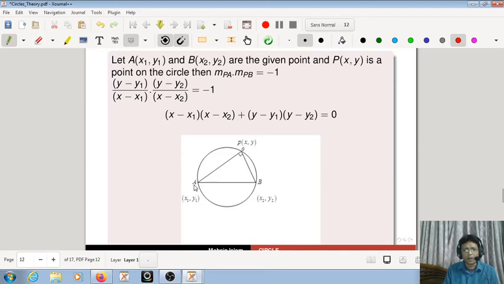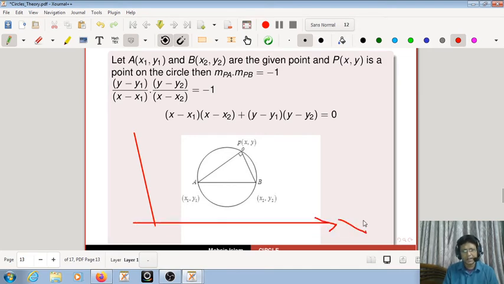The coordinate of point A is (x1, y1), and the coordinate of point B is (x2, y2), on the x and y coordinate axes, two-dimensional. AB is the diameter, and P is any point on the circumference of the circle. And you know that the angle in a semicircle is 90 degrees. So angle APB is 90 degrees.